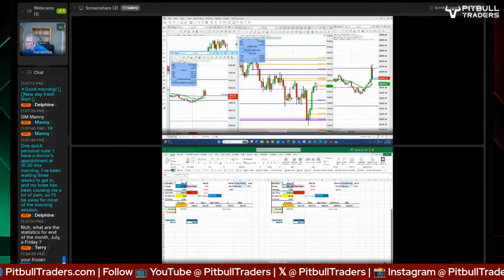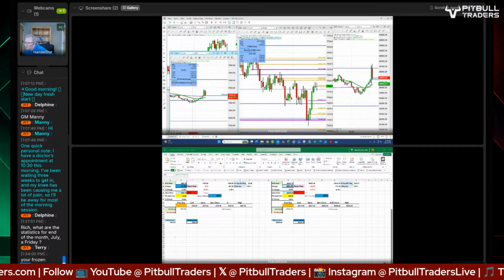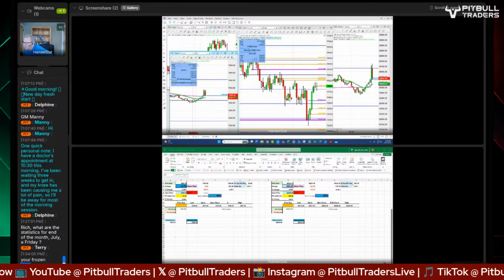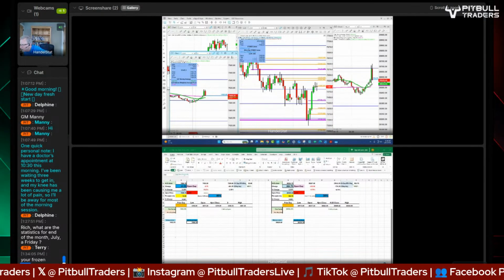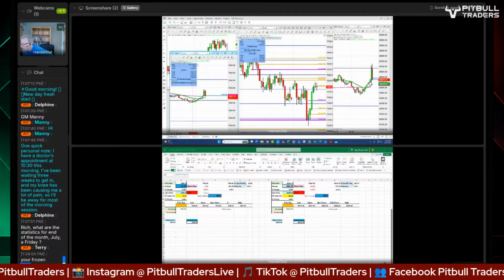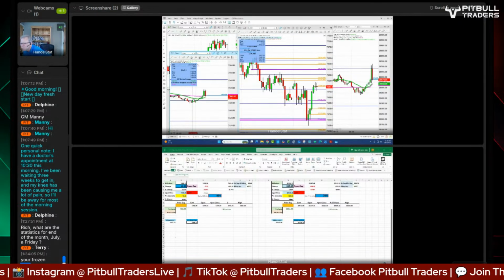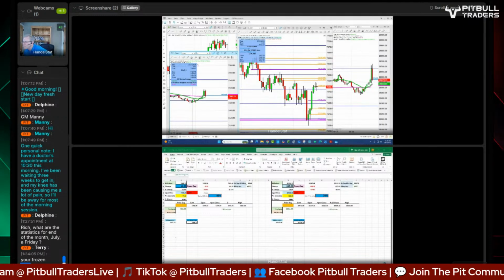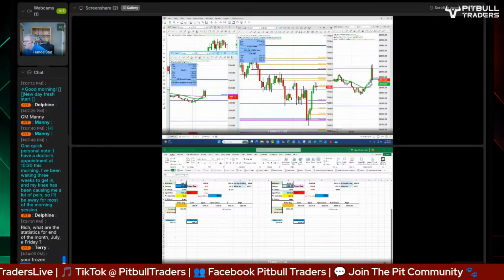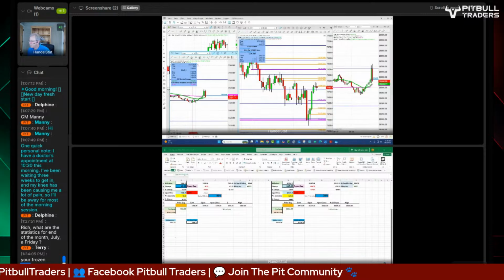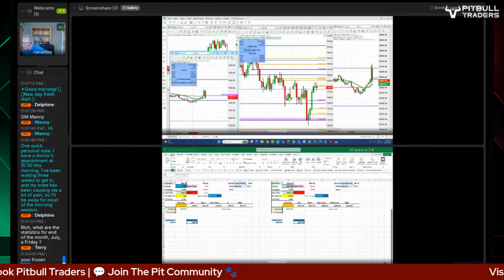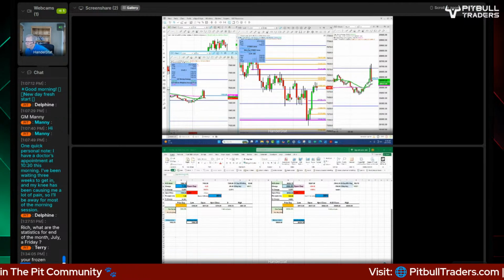Let's go here and take a look at this chart. New chart. What was that? Oh, it doesn't have it on there. Close that. Is that 158?